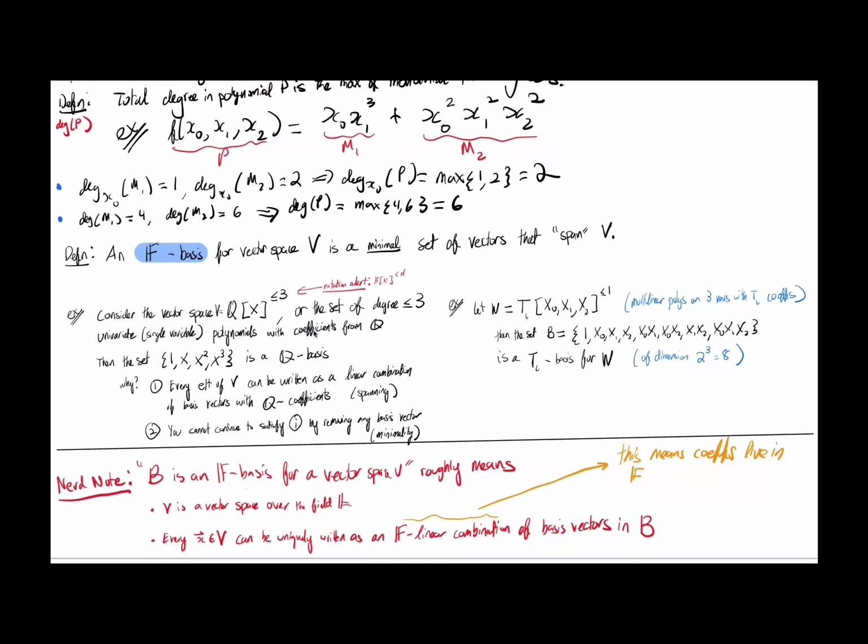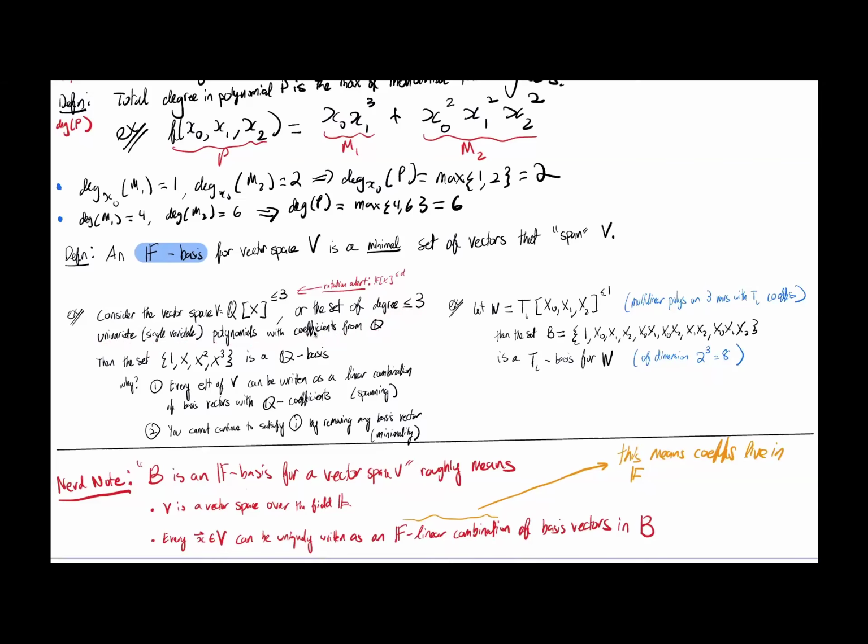Most of the vector spaces that we'll be talking about are polynomial vector spaces. So for instance, if I look at the set of degree less than or equal to 3 univariate, which means single variable, polynomials, where the coefficients come from the rational numbers, Q, then that's actually a vector space over the field of rational numbers.